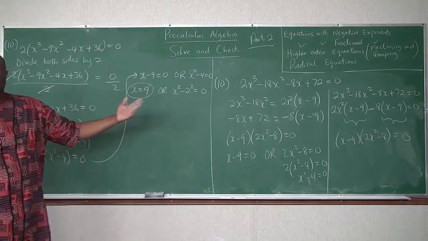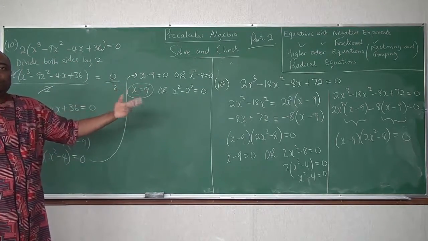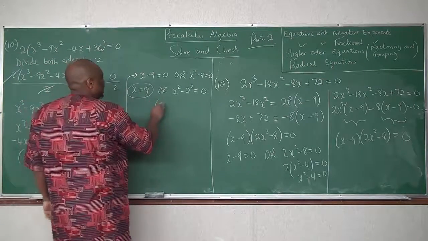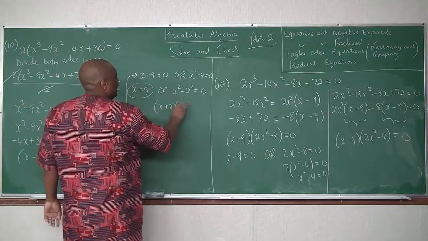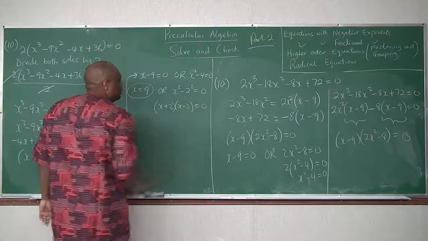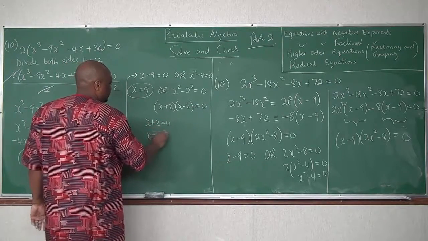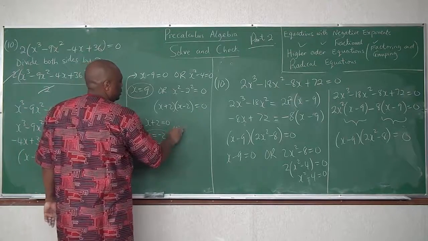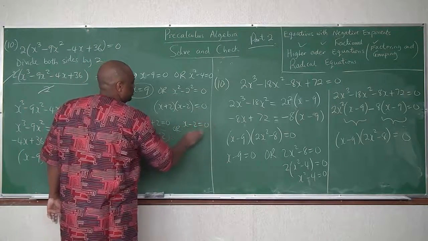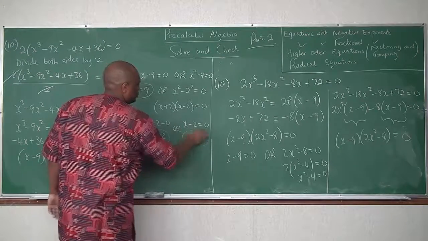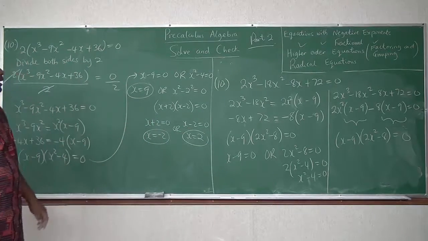Difference of two squares. So this is x plus 2, x minus 2 equal to 0. So x plus 2 is 0, x will be negative 2. Or x minus 2 is 0, x will be equal to 2.